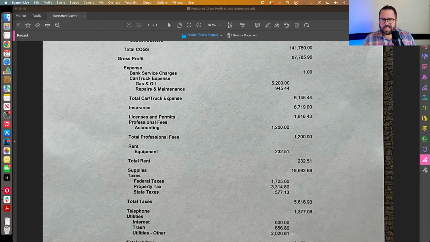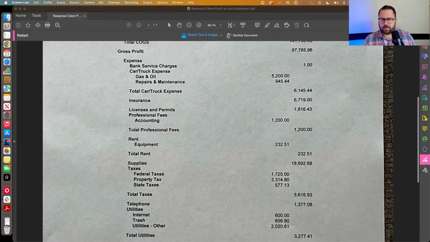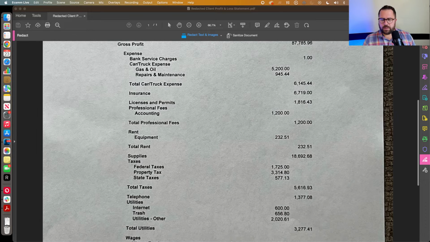I mean, yeah, the taxes probably shouldn't, like property tax. Maybe he might have some kind of property tax obligation for equipment or something. I don't know. Utilities, okay, these all look fairly reasonable, whatever. And then, you see it. You see what I'm talking about?